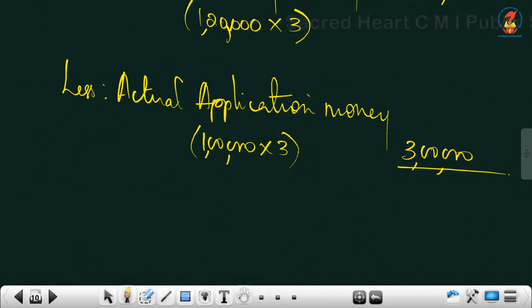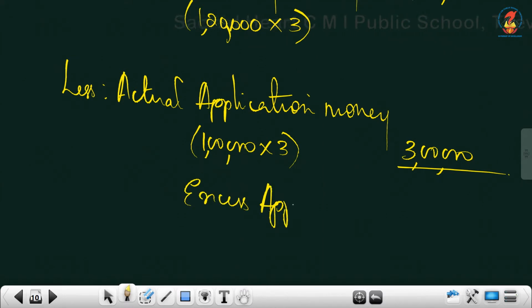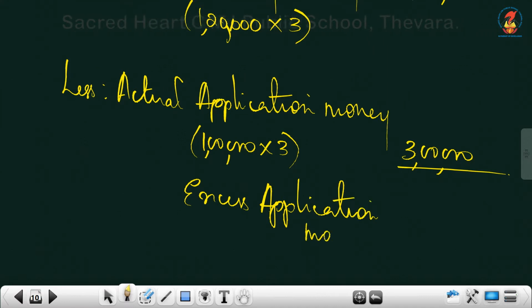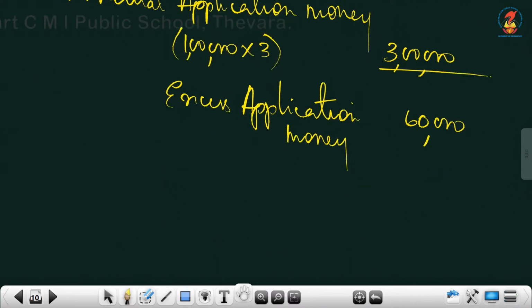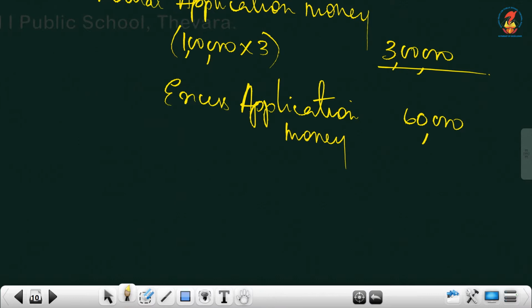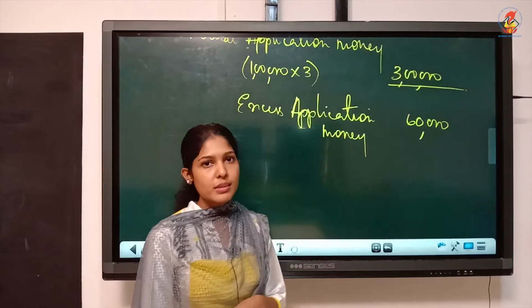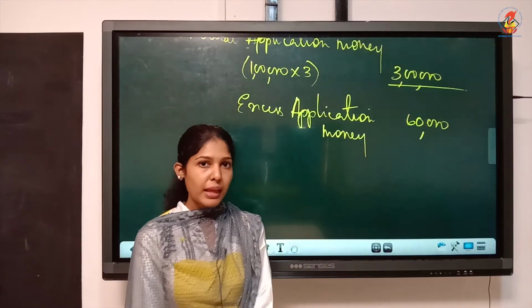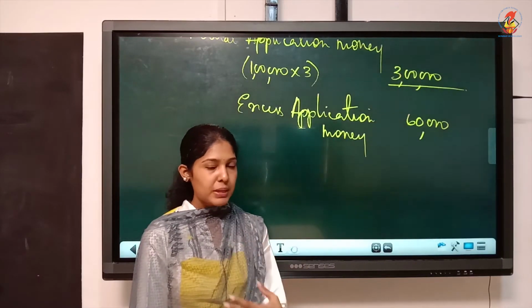So the excess application money is 60,000. Excess application money is 60,000. What will you do with the 60,000 in this question? What are they planning to do? It will be completely rejected.